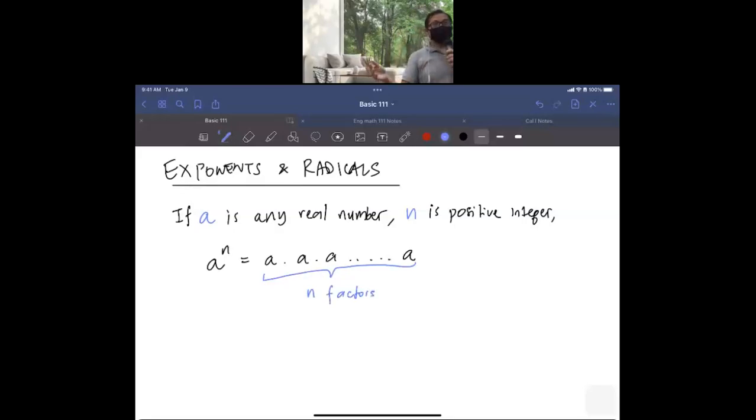So how many times we multiply a depends on n. The a we also call the base, and n is the exponent.